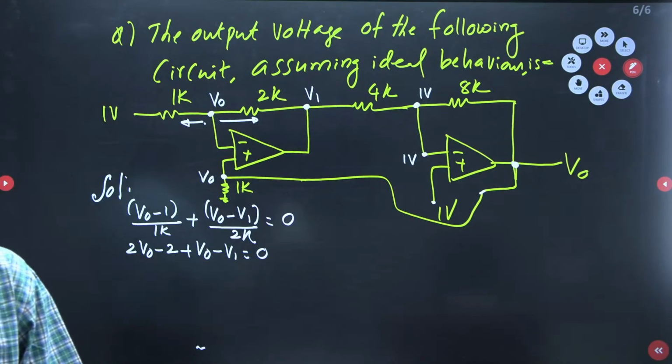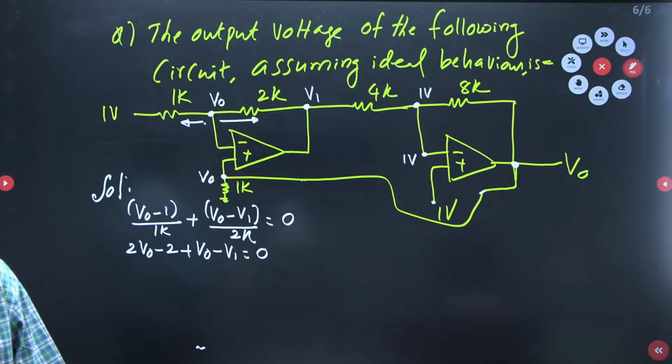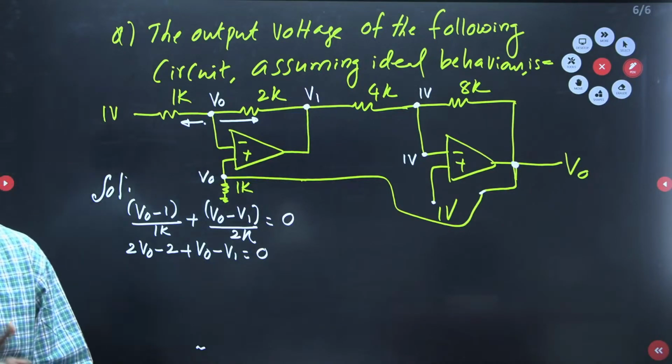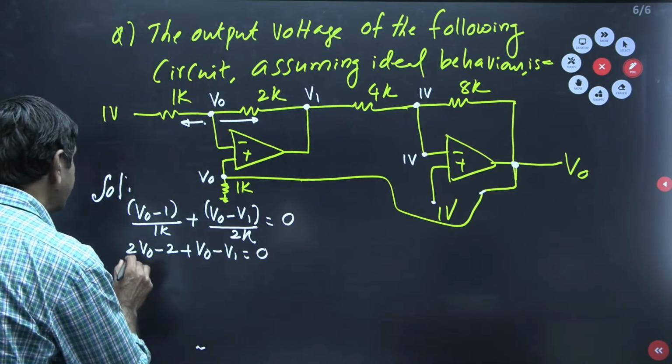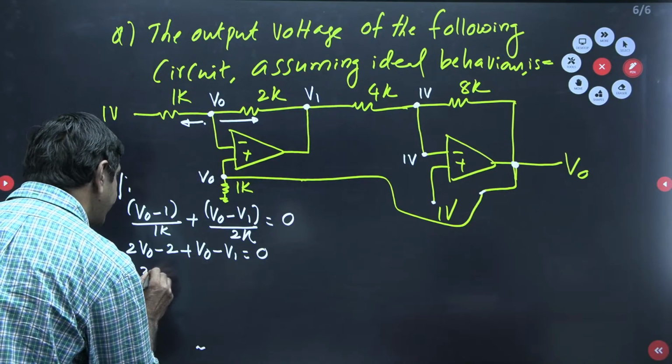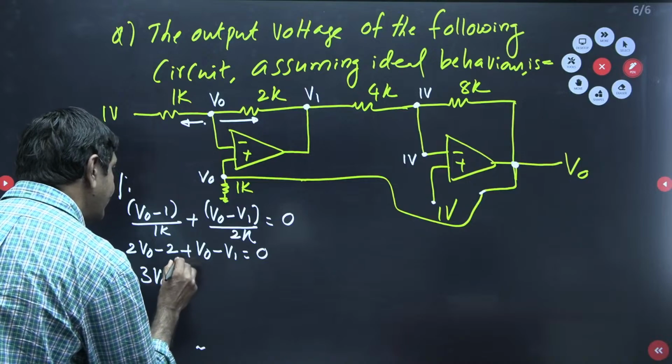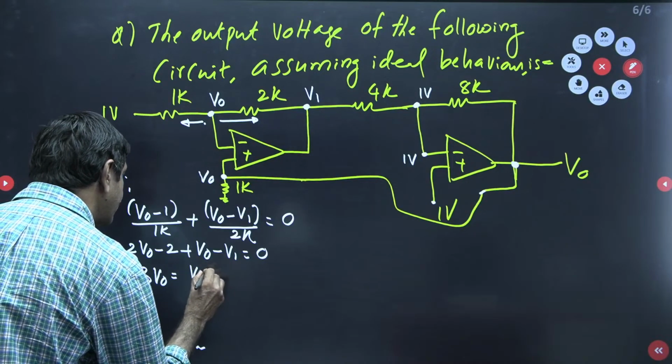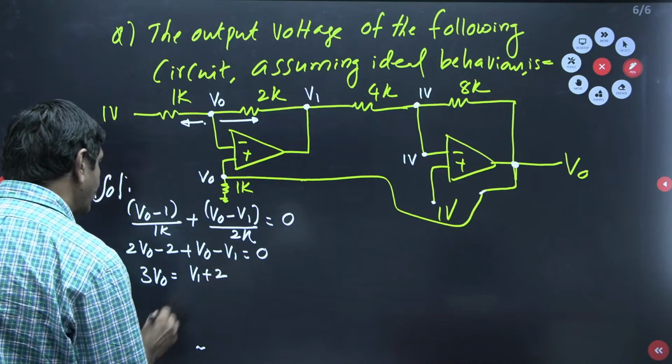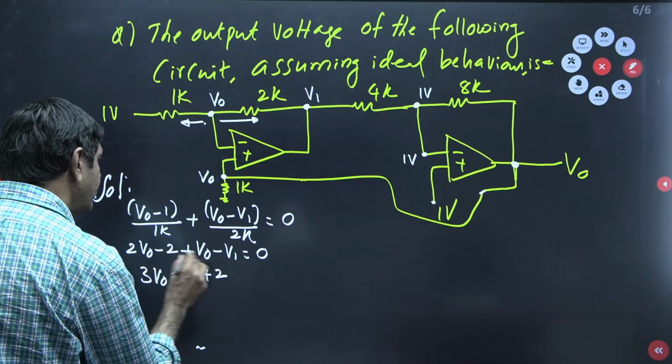Yes, exactly correct. Harihara Sudan, you are correct. I am getting 2 V naught plus V naught, which is 3 V naught, equal to V1 plus 2. So 3 V naught equals 2 plus V1.